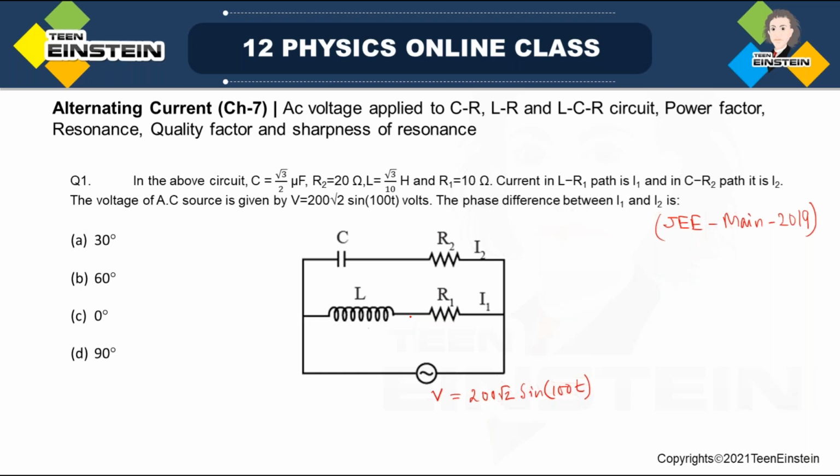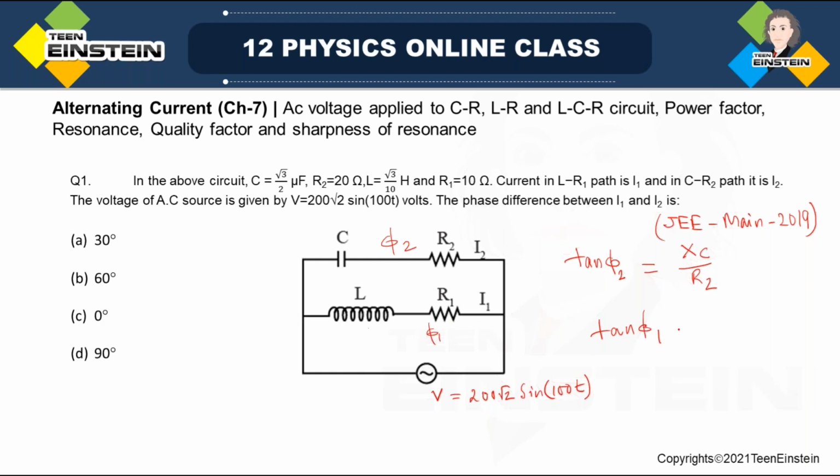If you remember, when I have an RC circuit, then the phase can be written as, let me write, phi 2, the phase in case of the RC circuit. So tan phi 2 can be written as XC by R2. Similarly, for this LR circuit, let us say the phase is phi 1 and here the phase is phi 2.